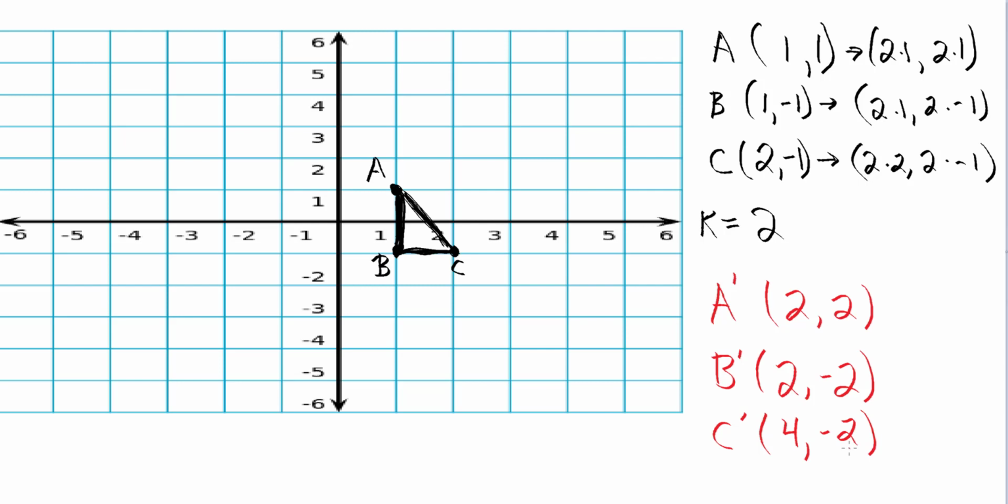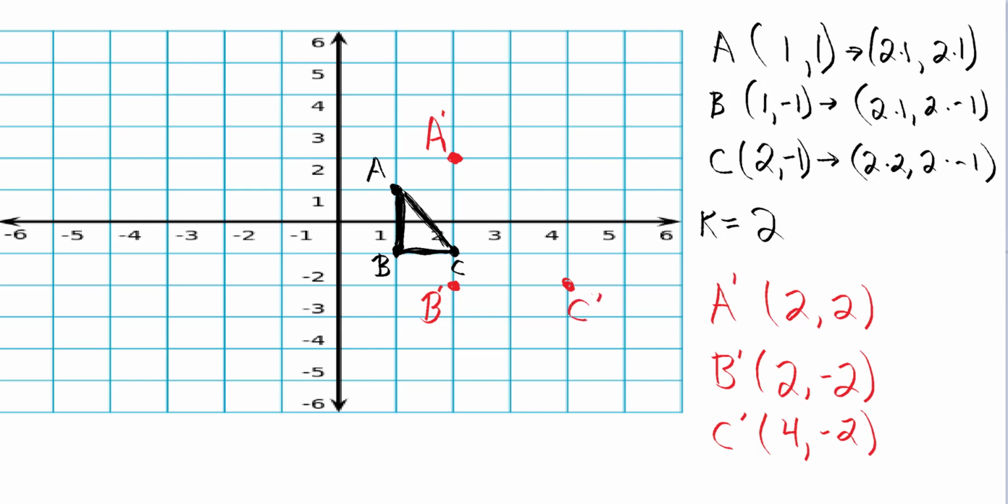And so now if we graph that, so A prime is (2, 2). That's going to be here. And then we graph B prime, so (2, -2). So that's going to end up here. And then C prime is (4, -2). That's going to be here.